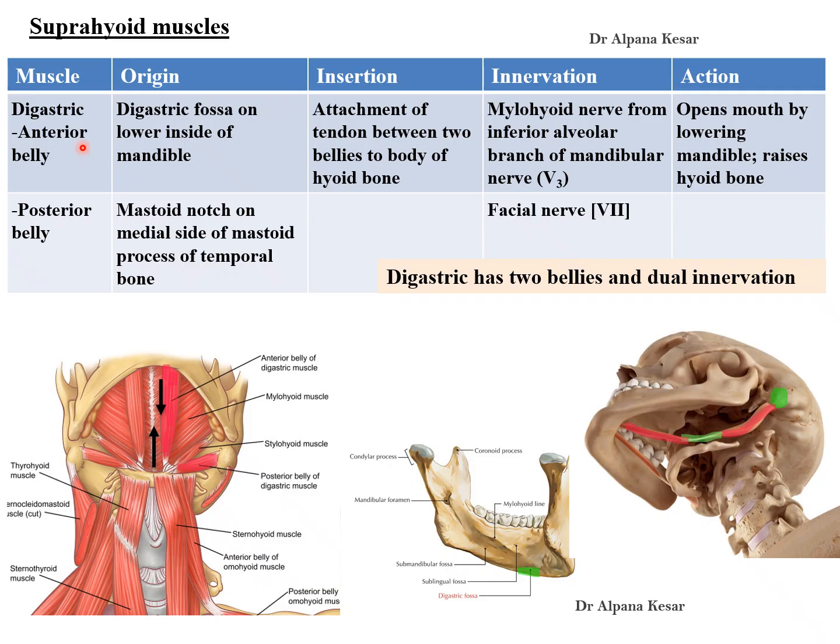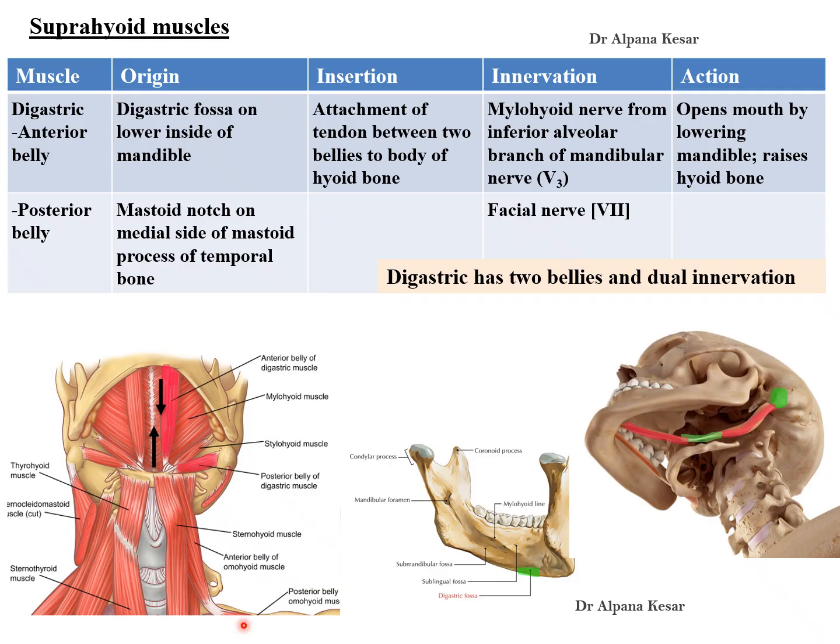Digastric muscle. The word digastric means two bellies. Digastric muscle has two bellies, namely the anterior belly and the posterior belly of digastric. This is the anterior belly of digastric, and this is the posterior belly of digastric.